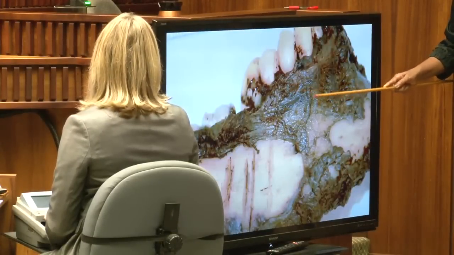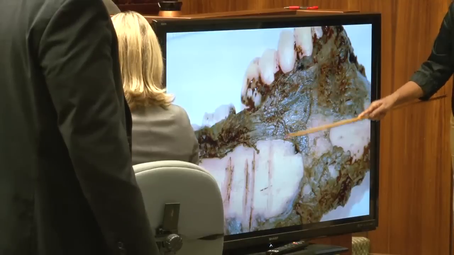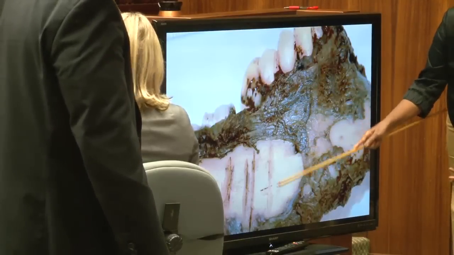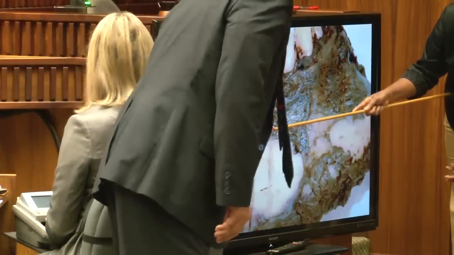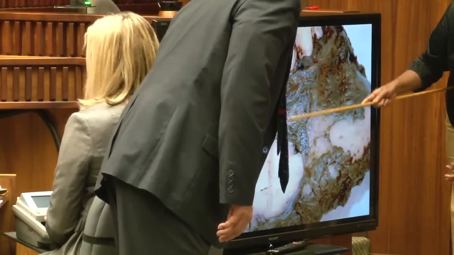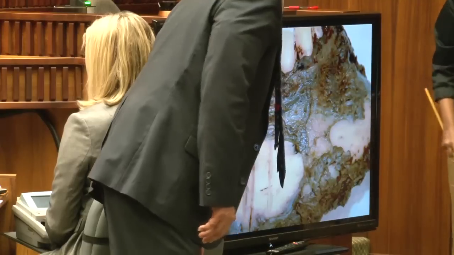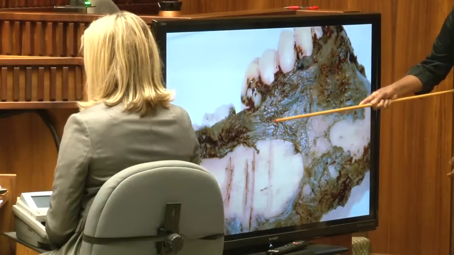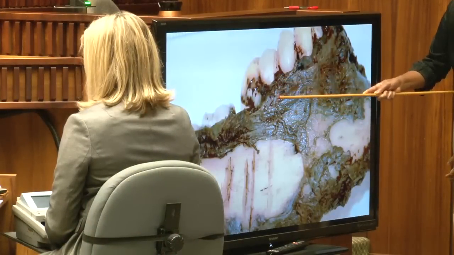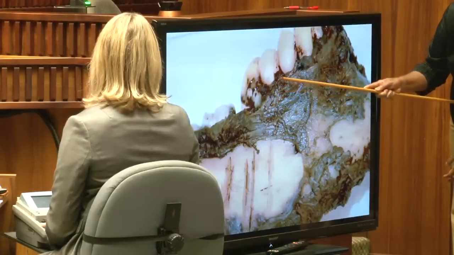The picture before was taken after this tissue had been removed. So when I examined this photograph, in my opinion, this cut continues. As you can see here, the tissues are all dried and shriveled up, but there's a faint mark of this cut that continues. Okay.